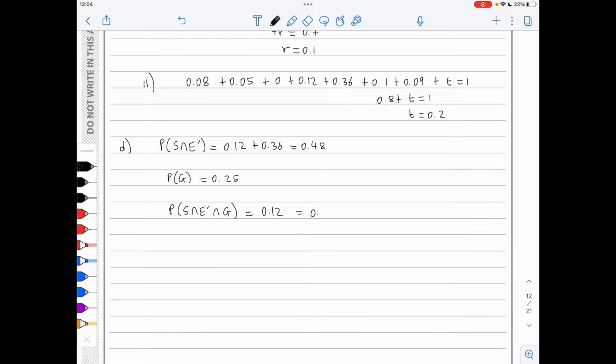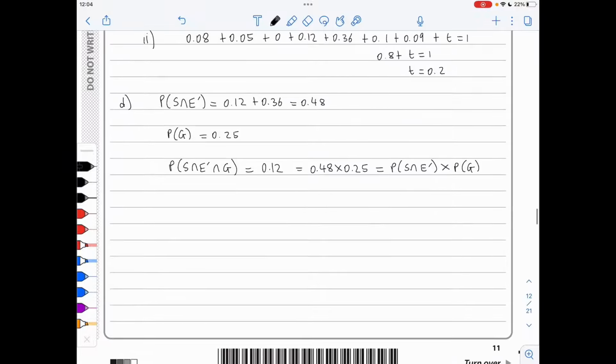This is 0.48 times 0.25, which is the probability of S intersection E dash times the probability of G. And therefore, since the two match, we can conclude that S intersection E dash and G are independent. We need to explicitly compare the product of the two probabilities with the probability of the intersection, and if they happen to be the same, then I can conclude that we are independent.